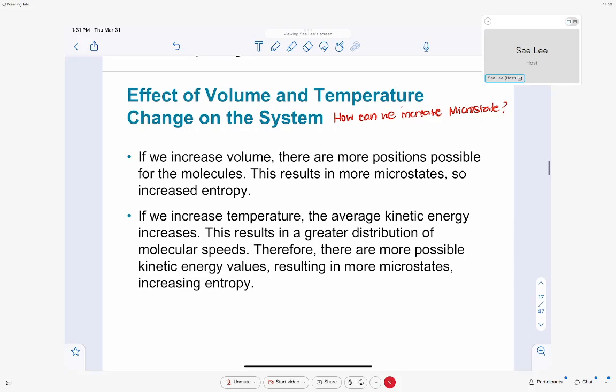So let's take a look at why increasing volume increases entropy. If we increase the volume, there is more available space and positions for molecules to be located at. Therefore this results in more possible arrangements of molecules.